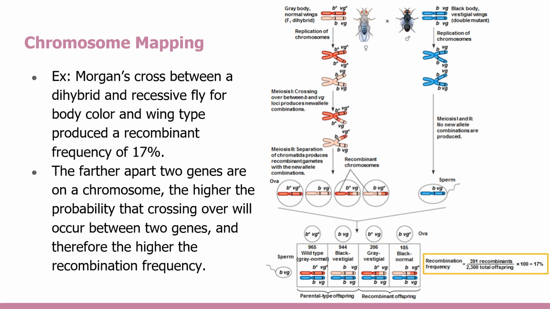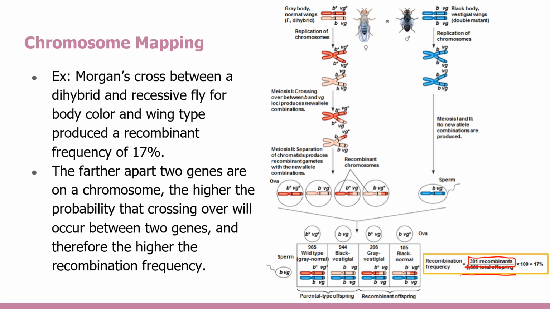And so you should remember that term. So we have the formula here: the number of recombinants seen divided by the total offspring gets me that recombination frequency. And Morgan, using this cross, determined the recombinant frequency to be 17%. So this is an important fact that you guys must note.